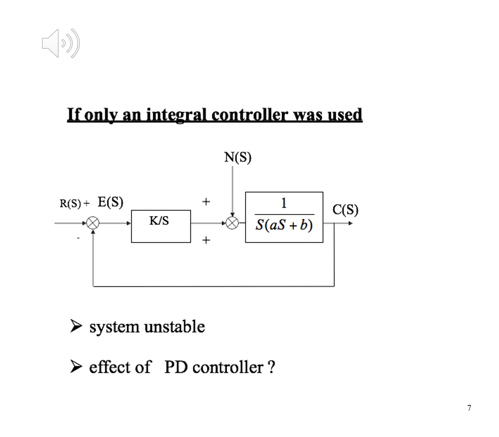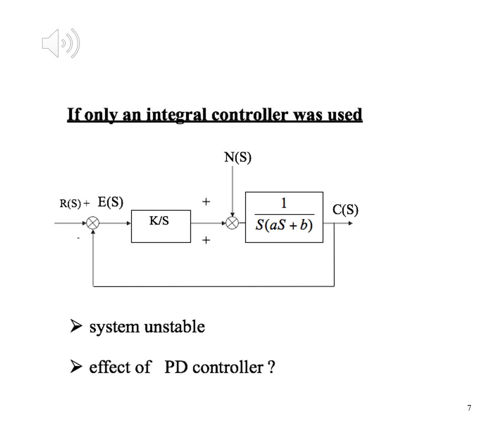Now, a logical question is, what will happen if we just use an integrator without the proportional? The integrators cause the output at steady state to be equal to 0 due to n of s. So actually, it is the element that deleted the effect of the noise or disturbance.